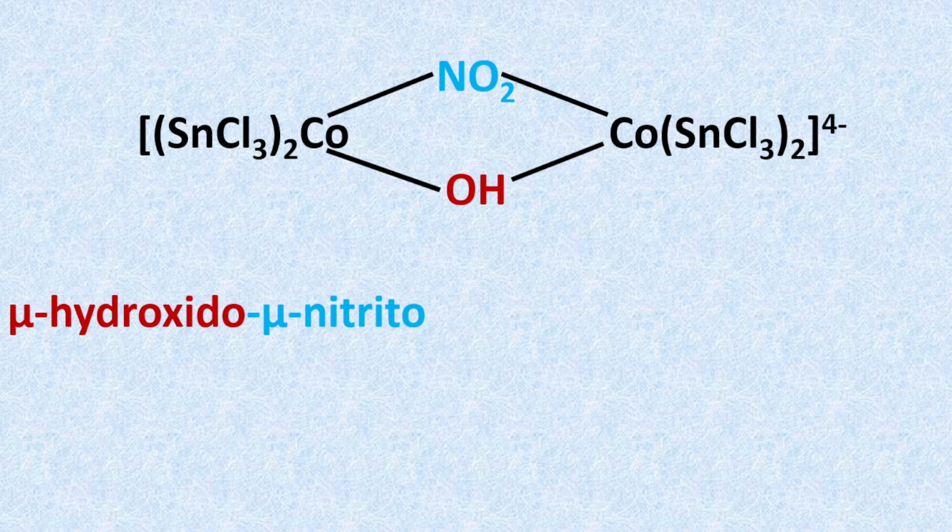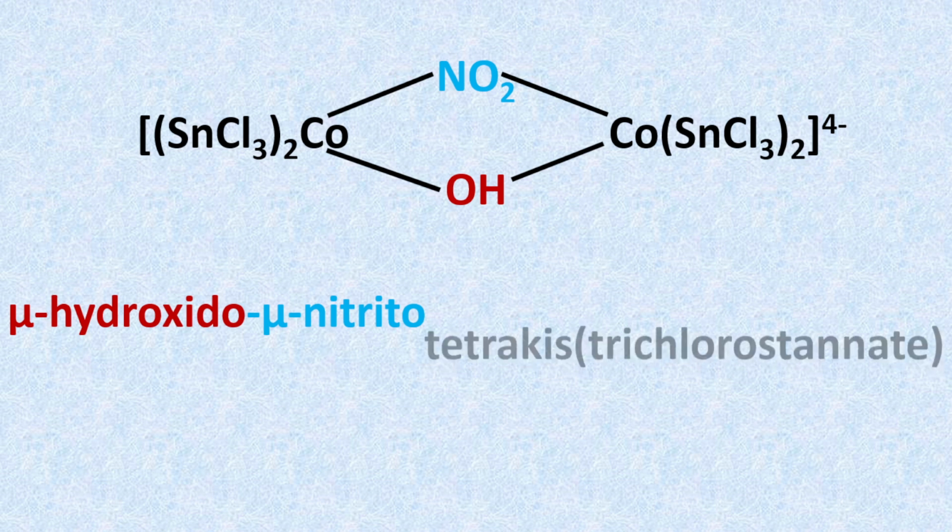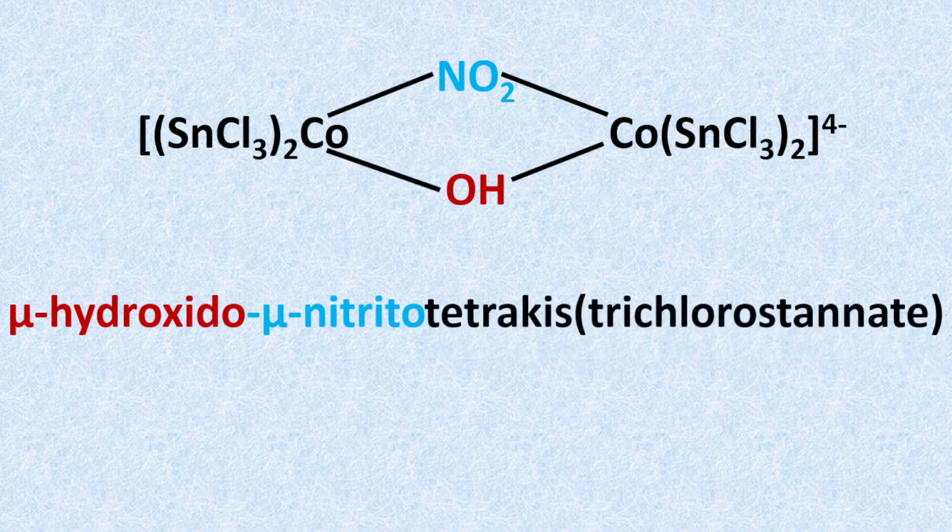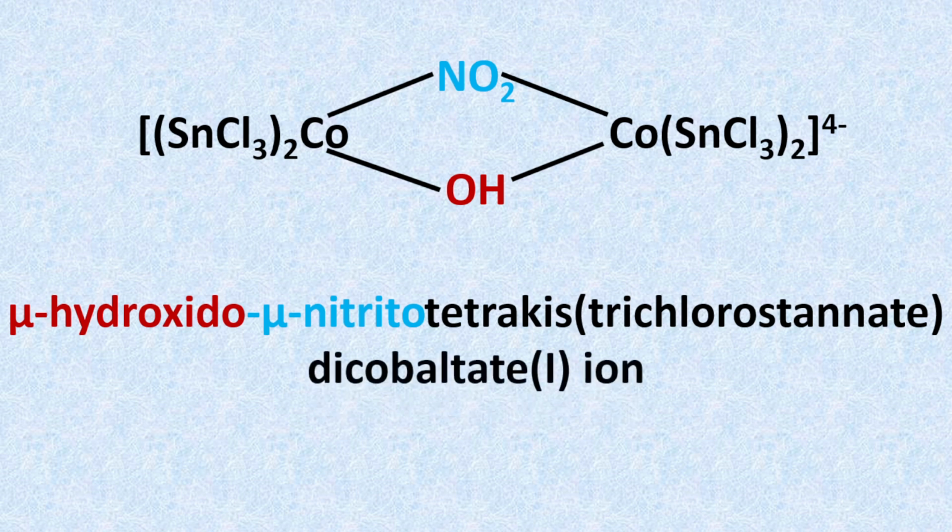To balance these -6 charges, we have two cobalt ions, but the coordination sphere already carries -4 charges. Therefore, the oxidation state of cobalt will be +1 only. Thus, its IUPAC name will be mu-hydroxido-mu-nitrito tetrakis trichlorostannate dicobaltate ion, since cobalt is a part of an anionic coordination sphere.